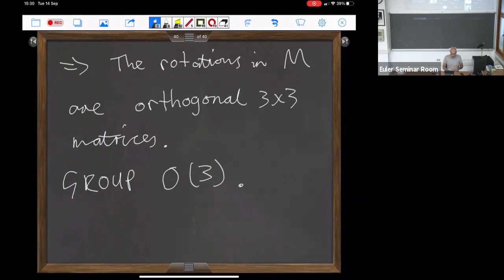So tomorrow we'll also go on to discussing the boosts, which are the transformations which take one frame and boost it relative to another. And that's how you create the transformations between relatively moving inertial frames.